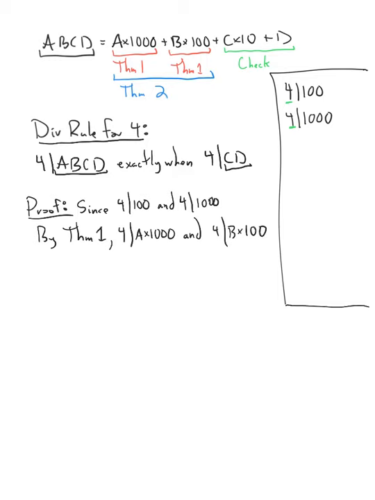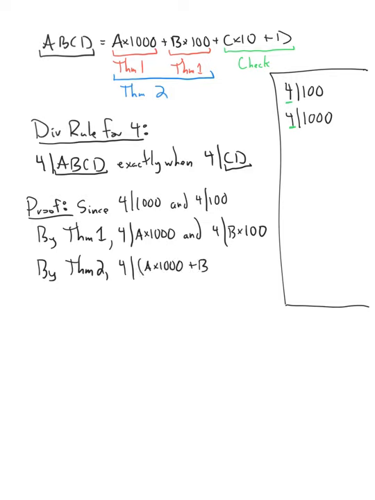Maybe it doesn't really matter, but I'll erase this just to keep it in the same order. I'll do 1,000, then 100. Okay, that's great. Now, by Theorem 2, four is a factor of the sum of these guys, A times 1,000 plus B times 100.